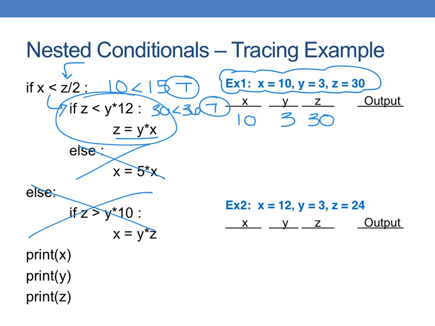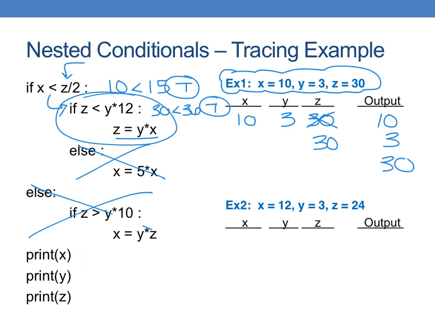So z is being reset to y times x, which is 10 times 3, which is silly, but we're rewriting it as 30. So then from here, our output is we output x, y, and z at the bottom. So we output 10, we output y, which is 3, and we output z, which is 30. So that's our first tracing example.